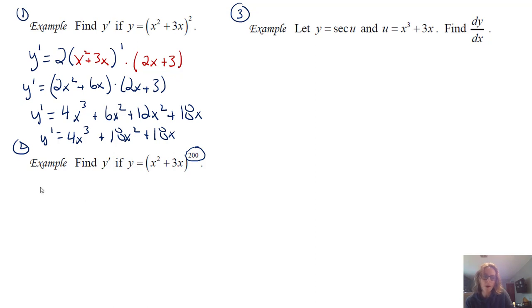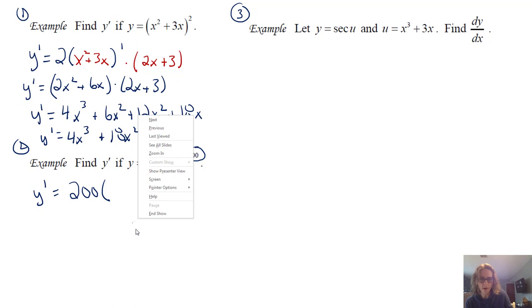So, what the chain rule tells us is we're still thinking about this idea of taking the derivative of something to the 200, and following that generalized power rule that tells us to bring down the 200 and then take 1 away from the exponent, 199. And of course, I'm not going to multiply this out when it's over. And then, just like we had before, there's nothing else that's different.